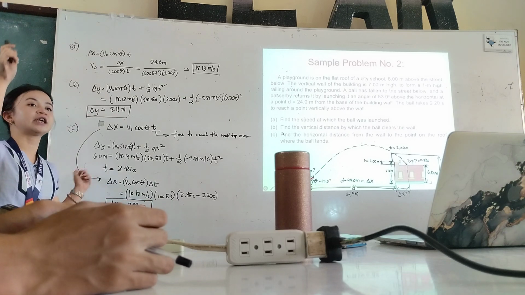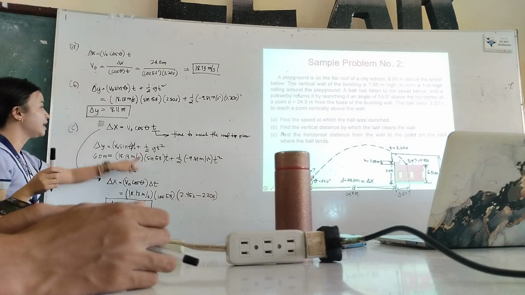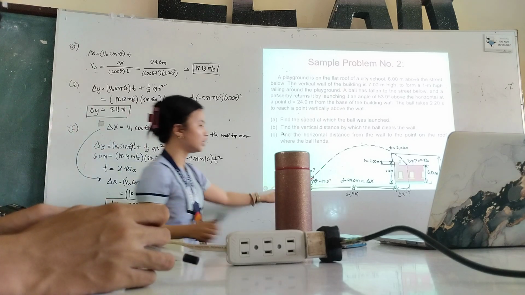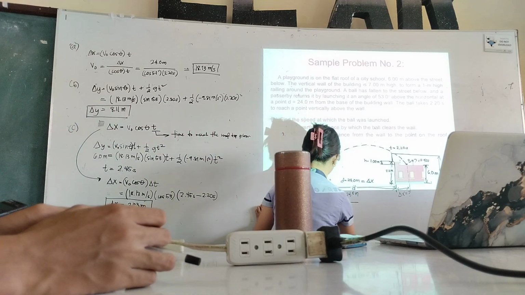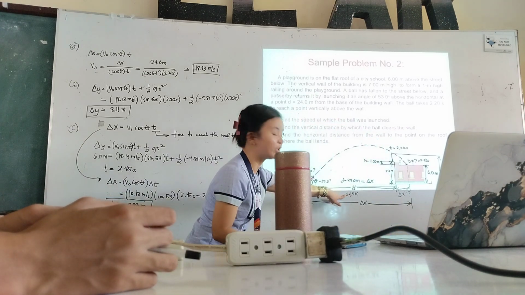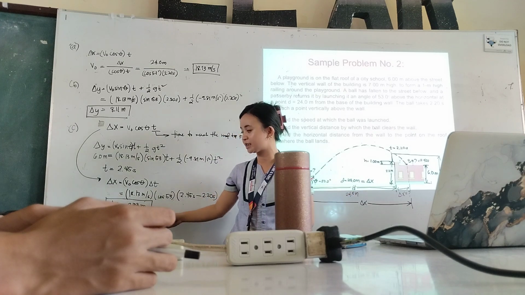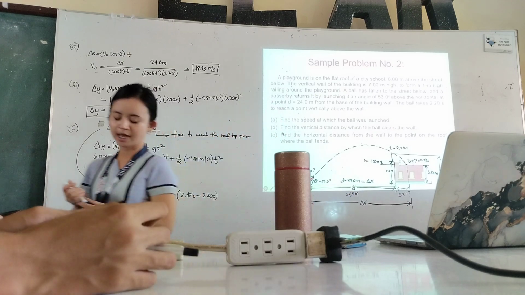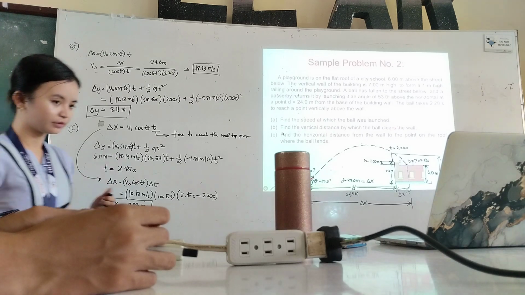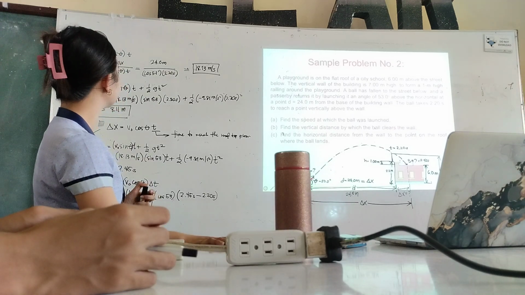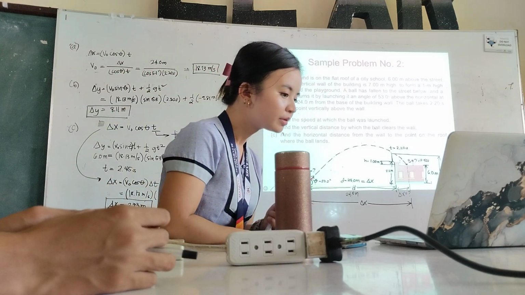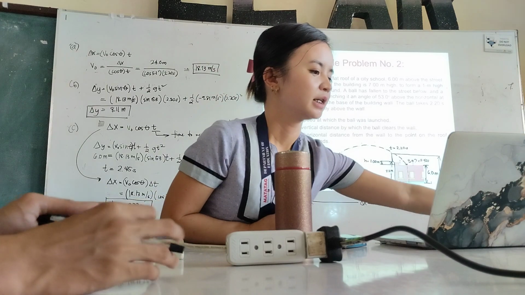Try solving it. Automatically, t here is 2.45. Then what you get, subtract 24 meters. The answer should still be 2.73. So, assign 2.45 as the time. Stay there.